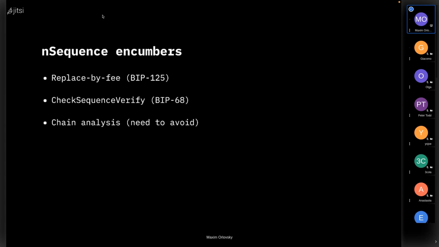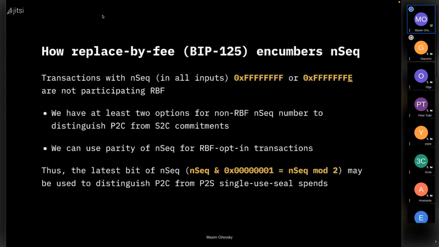Well, CheckLockTimeVerify is also used in Lightning, but it's not the one that we need to touch with the sign-to-contract or the signaling, fortunately. So CheckSequenceVerify, and finally, additionally to consensus rules, we have to keep an eye that we do not give chain analysis any additional information compared to what we are already doing today.